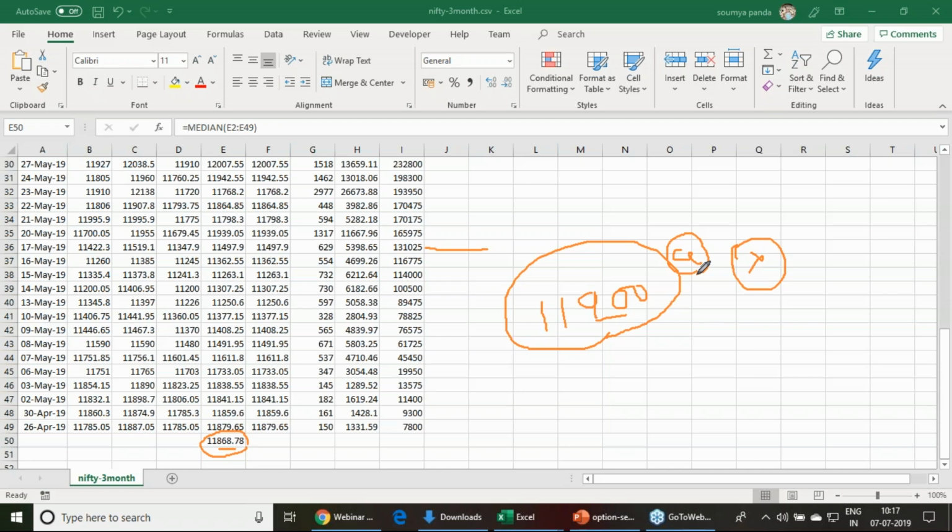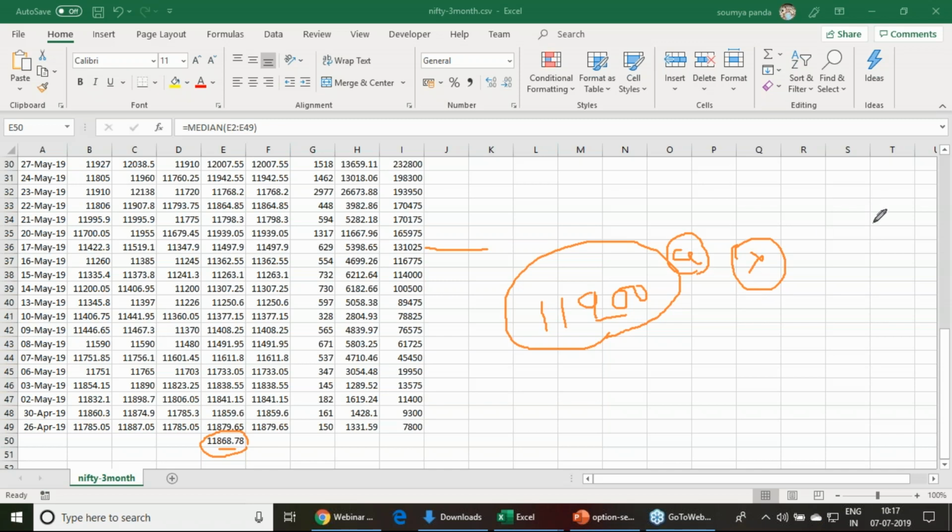One is accepting your fear, another is accepting your trend. So we'll go with the trend. Only call options we'll accept. There is no need for put options. Only call options you have to accept. So here we have concluded that 11,900 will be your strike, and call options will be accepted.